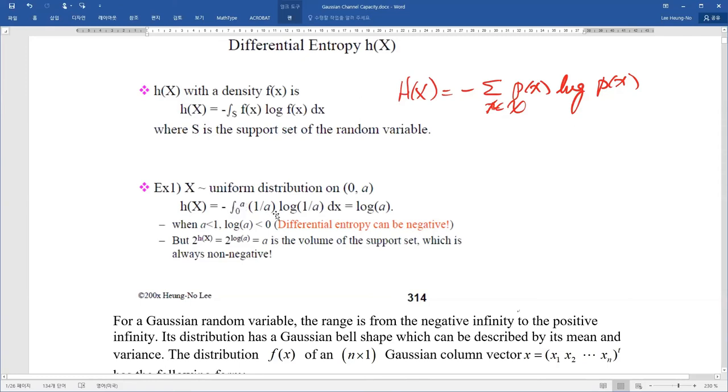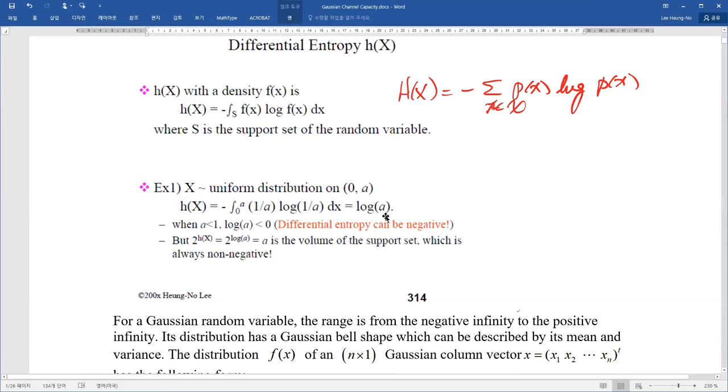Okay, then we have log 1 over a minus log of 1 over a, which is the answer, and basically that is log a. Okay, so log a is the entropy of this uniform distributed random variable x, and log a can be negative when a is less than or equal to 1.